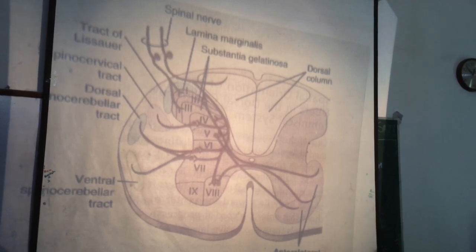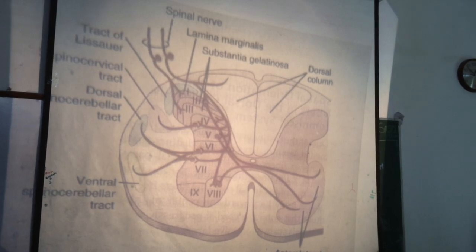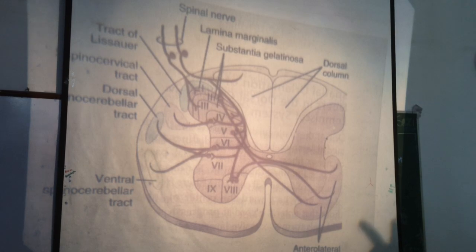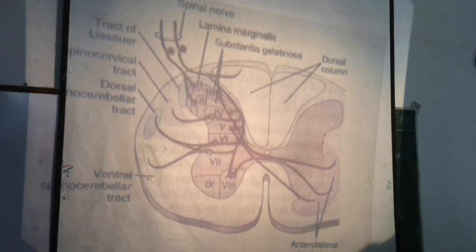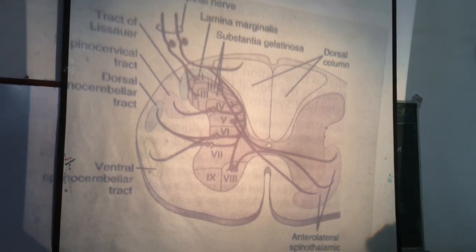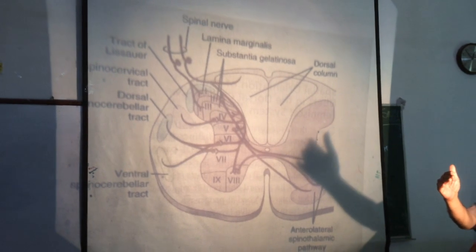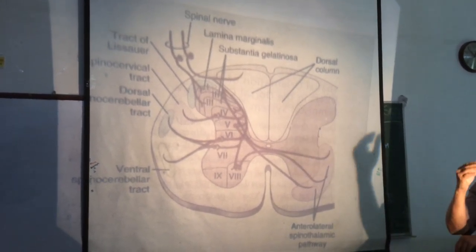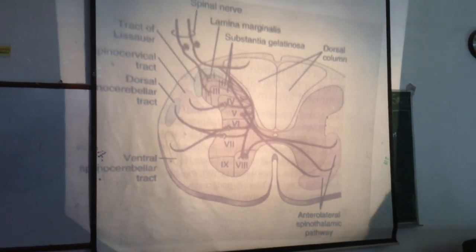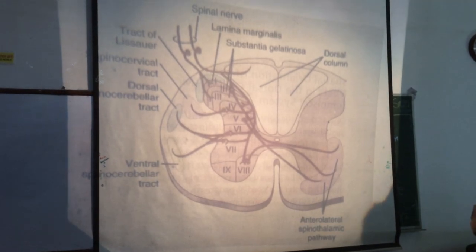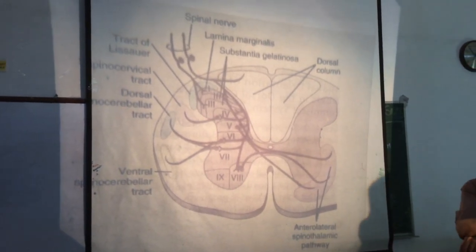Now we come to the neurons in the posterior gray column or posterior horn. Four groups of neurons are present in the posterior gray column. The first group is substantia gelatinosa.